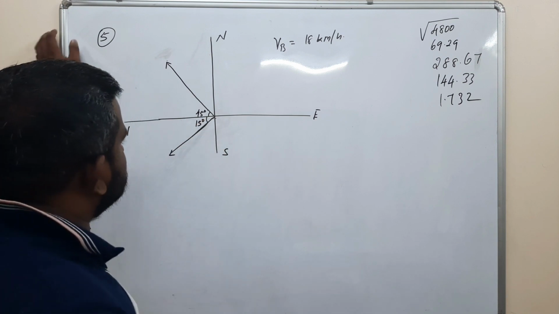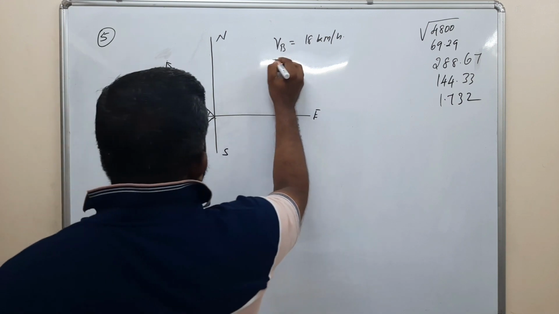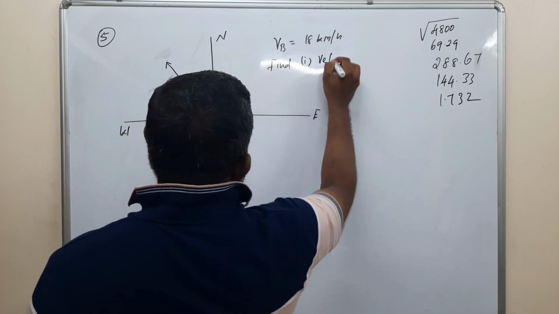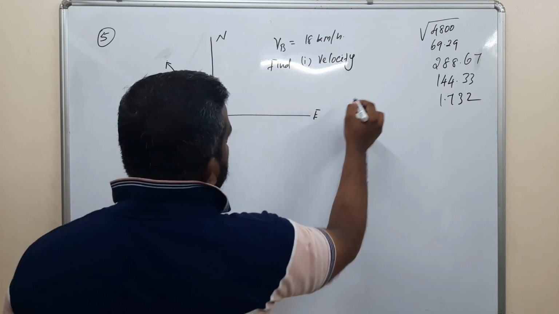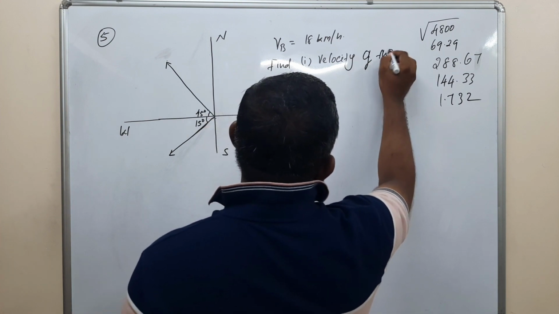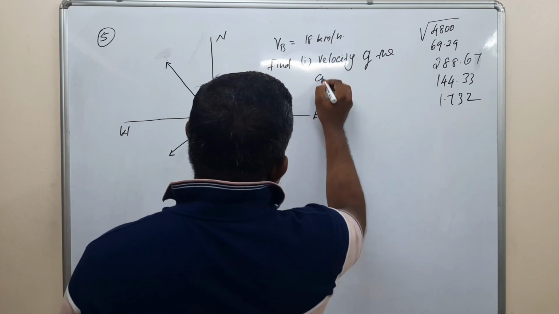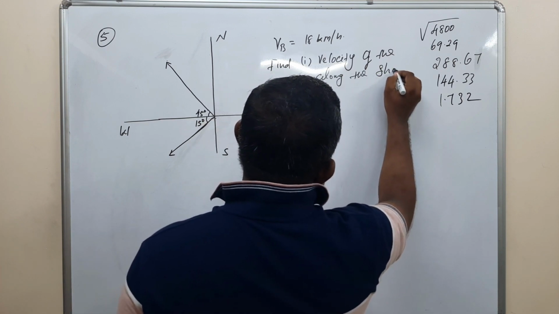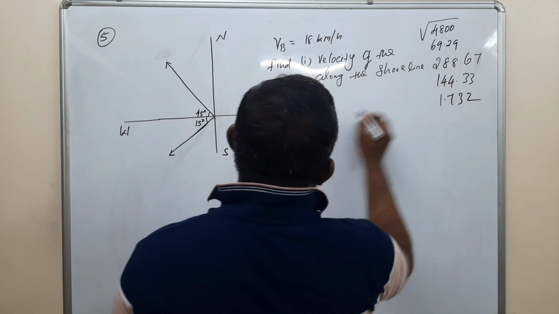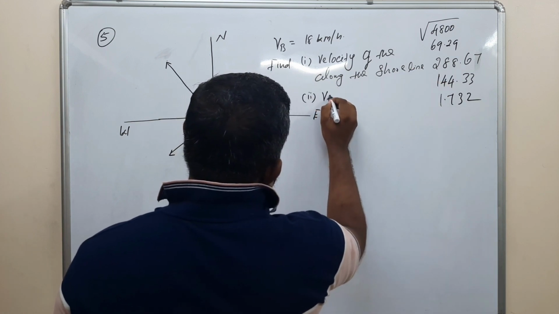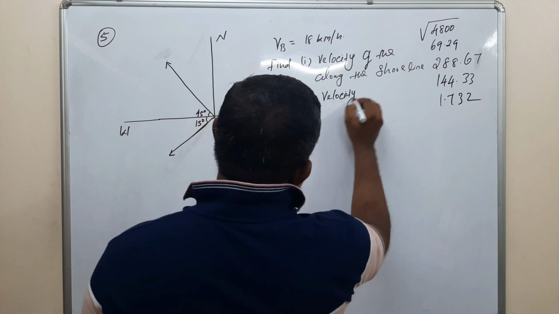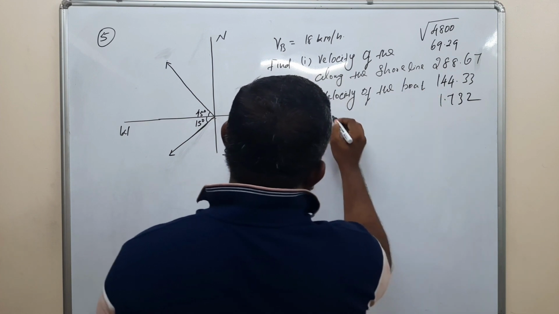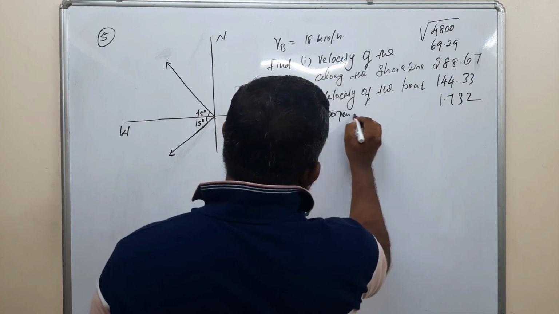So find one, the velocity of the boat along the shoreline, and two, the velocity of the boat perpendicular to the shoreline.